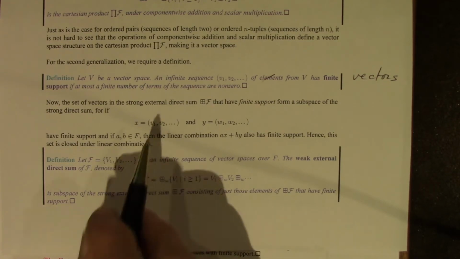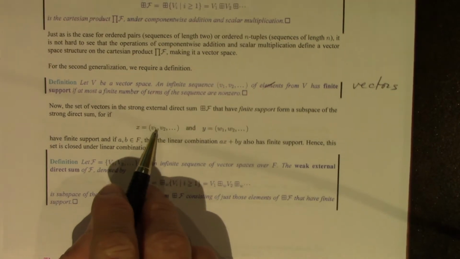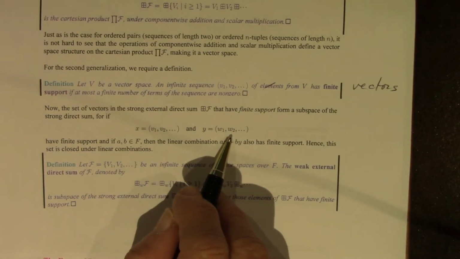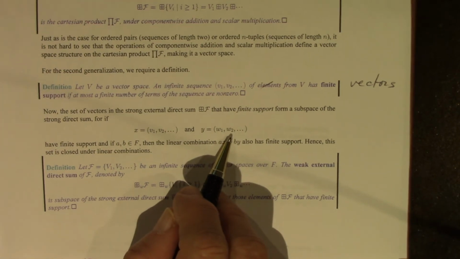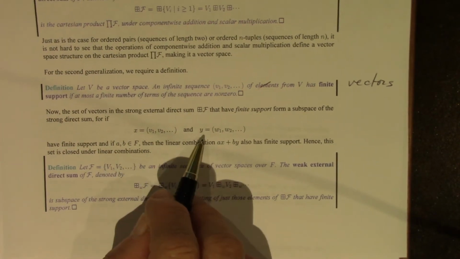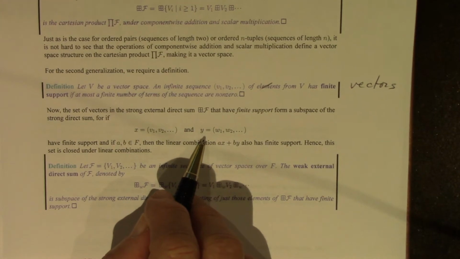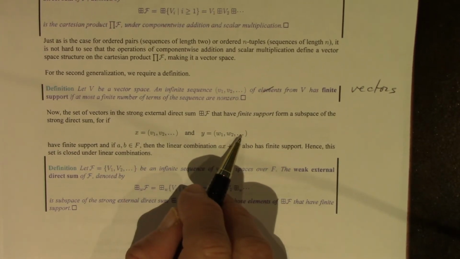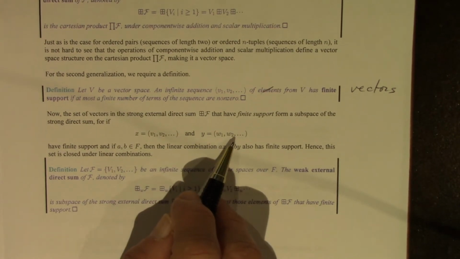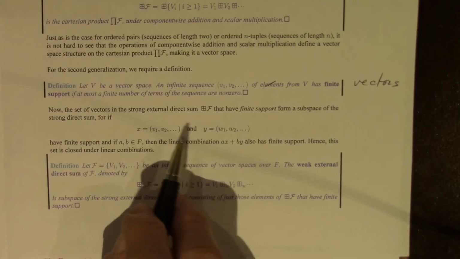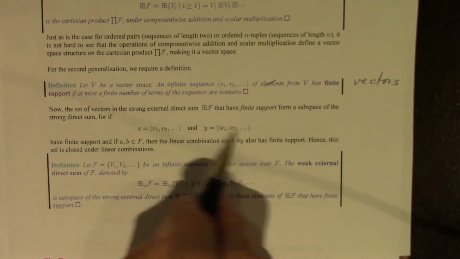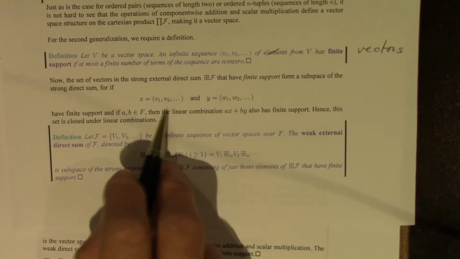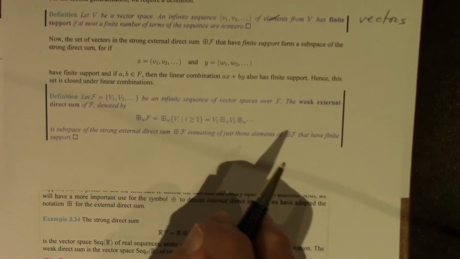Just for example, if, say, x here had 10 non-zero terms and y had 15 non-zero terms, then x plus y has at most 25 non-zero terms. There may be some cancellation, but you're not going to be able to produce non-zero terms in the sum where both x and y have zeros. And similarly for scalar multiplication.